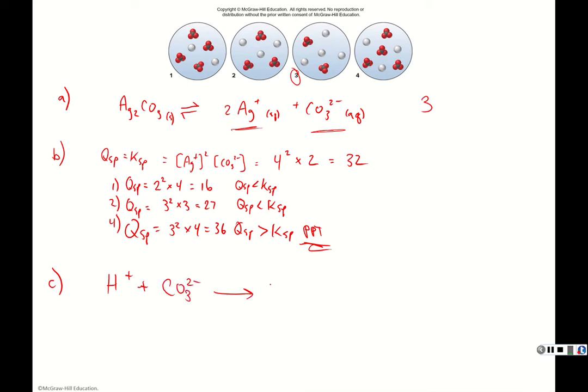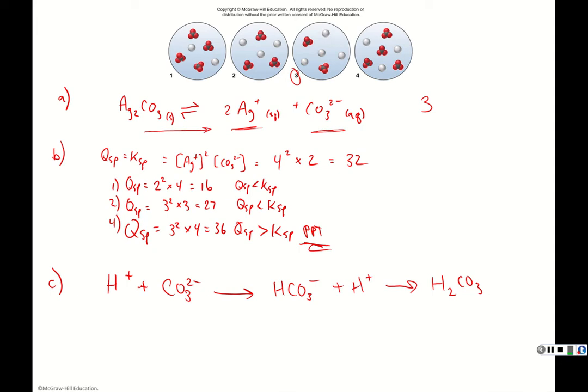That would form HCO3 minus, and then you could have another H plus that would react with that and form H2CO3. Right, so what that does is it's going to pull carbonate out of solution, right? And when it pulls the carbonate out of solution, it's shifting that equilibrium to the right side.